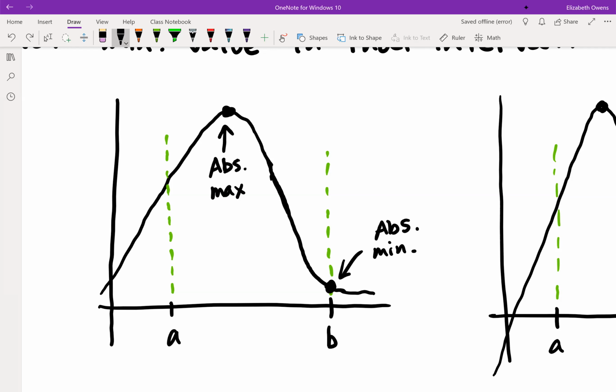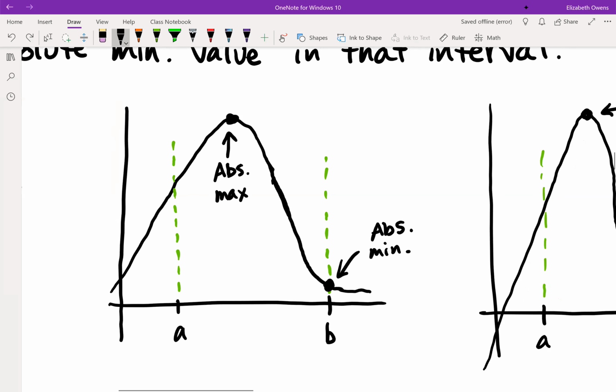It's just the endpoint of the interval, and we wouldn't really label it as an extreme value in either case, because it's not higher or lower than the things around it, and it's definitely not higher or lower than everything in that interval.